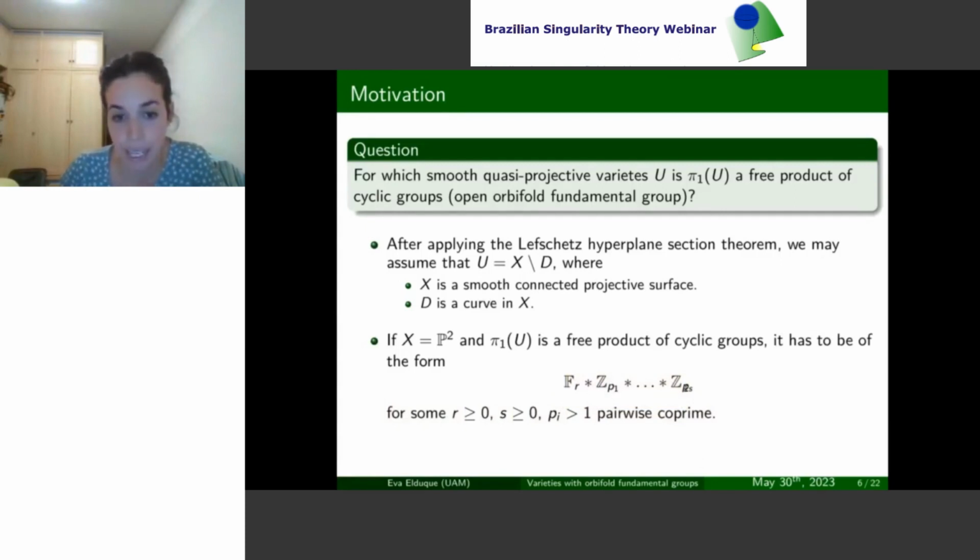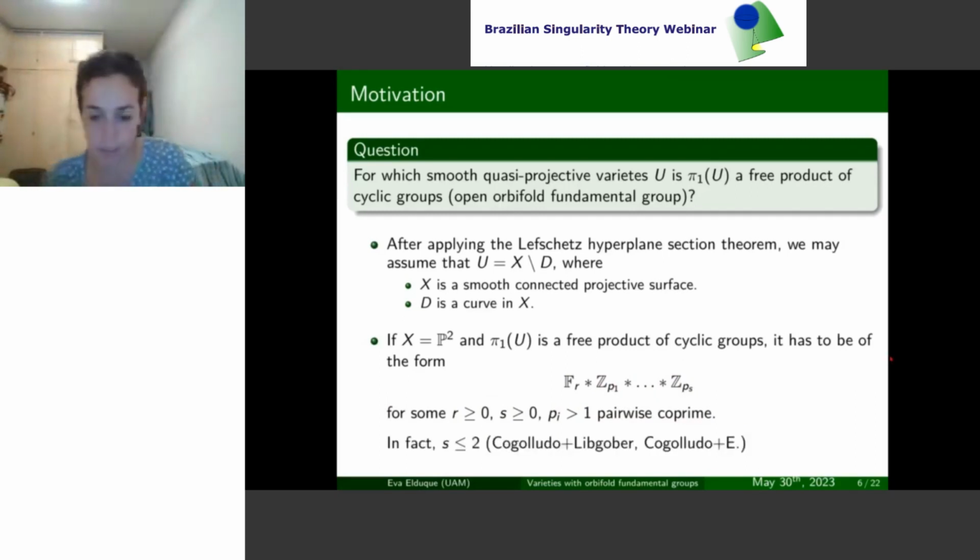So these p_i have to be pairwise coprime. And more so, by work of Cogolludo and Libgober and this paper that I'm talking about, we know that s is at most 2. So if you have a torsion part here, it's of the form C_p free product with C_q, like in Oka's example, and maybe you'll have some free part. But that's as far as you can go in P2.